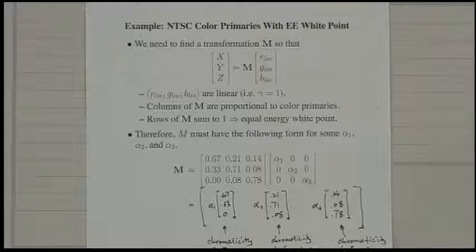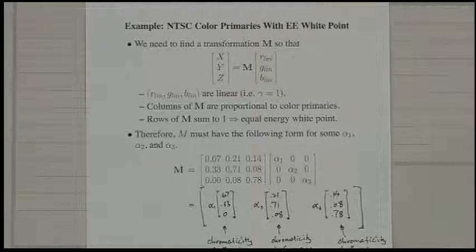We want to ensure that the printer output will look very similar to what you captured from the camera. Because the two devices have very different native color coordinate systems, we need to do some kind of transformation. And if you have many devices, converting from each device to every other device would lead to a huge number of different transformations.